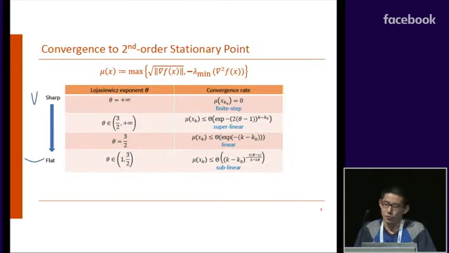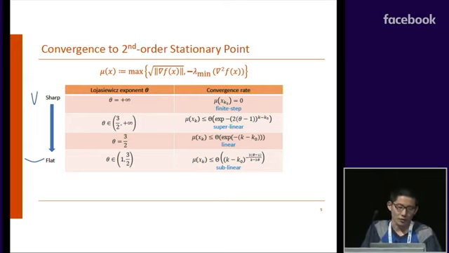Our result shows that the convergence of cubic regularization to a second-order stationary point ranges from sublinear to superlinear, depending on the parameterization of the Łojasiewicz exponent theta. Essentially, a larger value of theta implies a faster convergence rate. So theta captures the sharpness of the local geometry of the objective function.